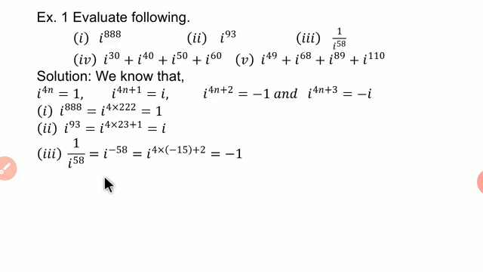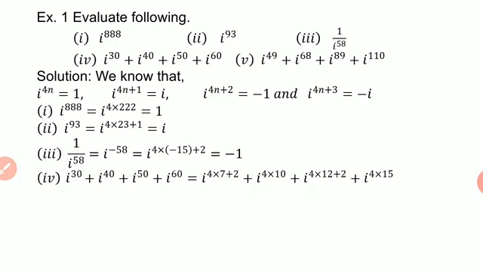Now see the fourth example. i raised to 30 plus i raised to 40 plus i raised to 50 plus i raised to 60. And these can be written as i raised to 4 into 7 plus 2 plus i raised to 4 into 10 plus i raised to 4 into 12 plus 2 plus i raised to 4 into 15. So using the above results, value for i raised to 4 into 7 plus 2 is minus 1. i raised to 4 into 10, it is 1. i raised to 4 into 12 plus 2, it is again minus 1.